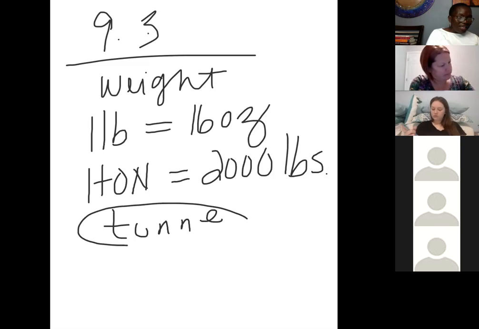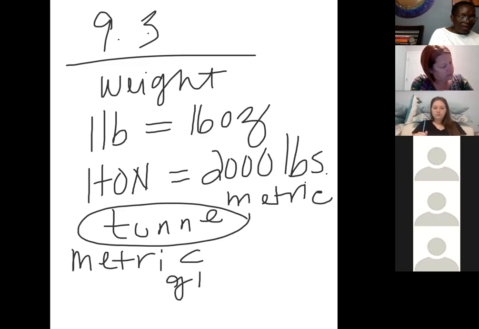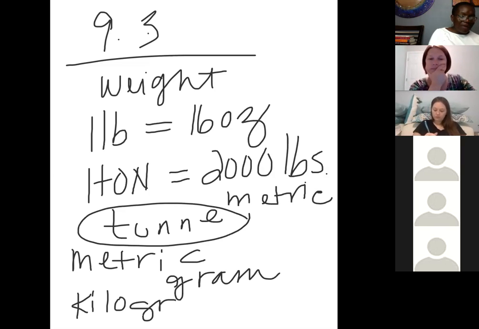Now, this is equivalent to the metric ton, okay? So, when we talk about weight in the metric system, we use gram to measure weights, like kilogram, milligram, okay? So whenever you see the root word gram, we're talking about measuring weight.